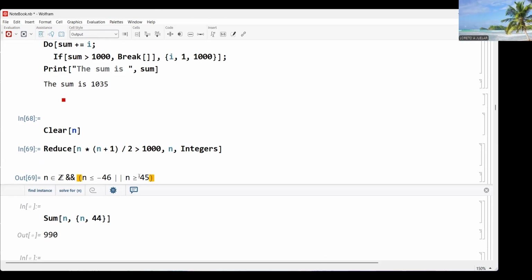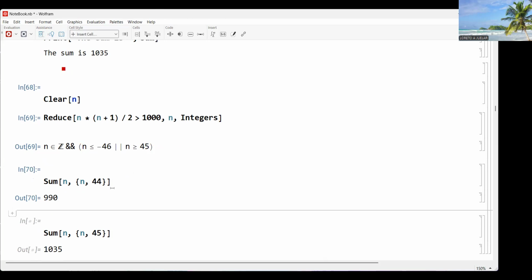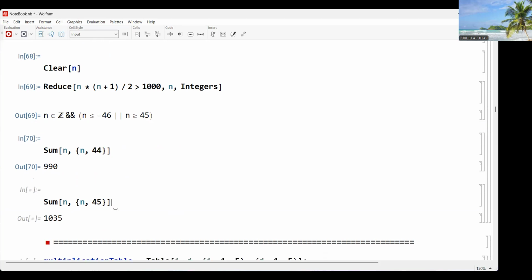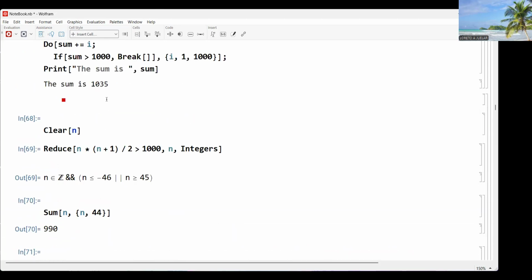So n is greater than or equal to 45. Now here, if n is equal to 44, the sum from 1 to 44 is 990. So the answer here is equal to 45. So the sum from 1 to 45 is equal to 1,035, like what we have here.